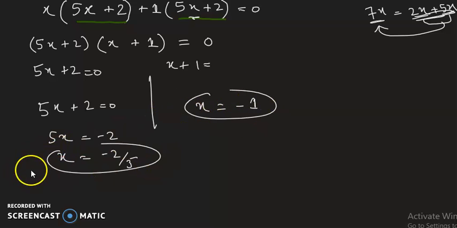So these are the two values that solve the quadratic equation. If we plug these two values into the quadratic equation, it will give 0.